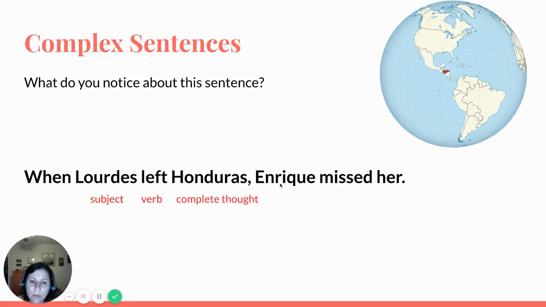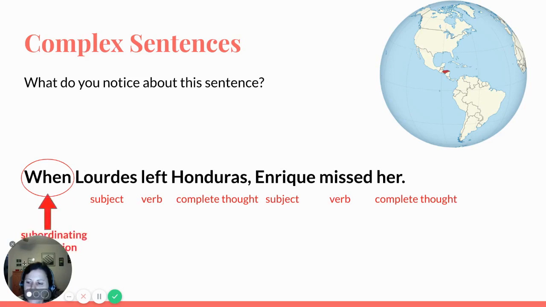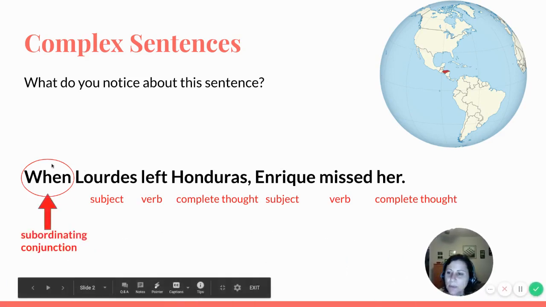But then we have another subject, another verb, and another complete thought. This is what we call a complex sentence. It has a subordinating conjunction in one of the clauses.